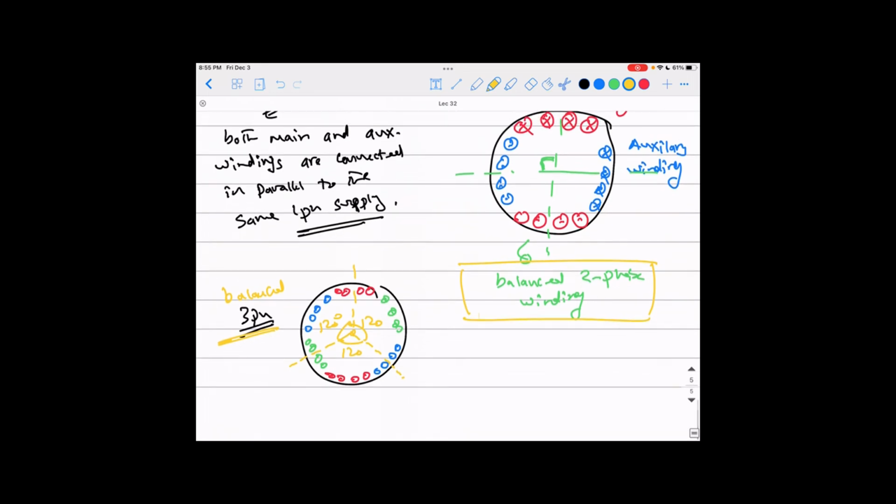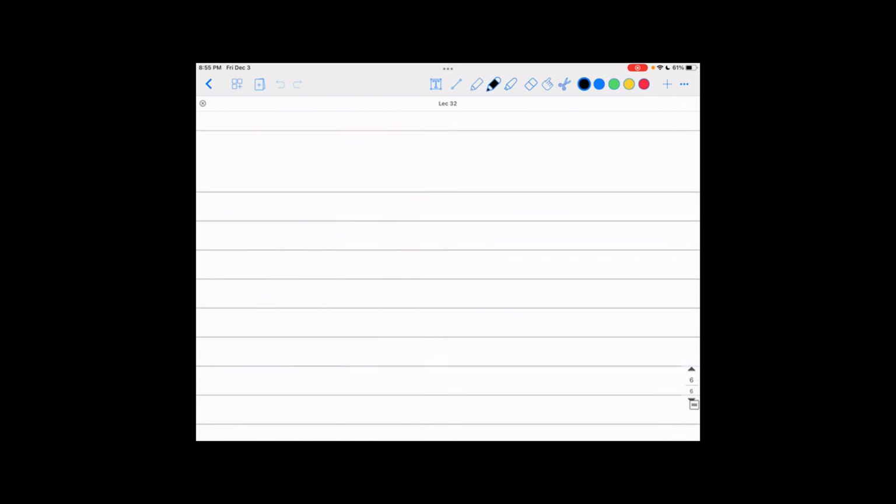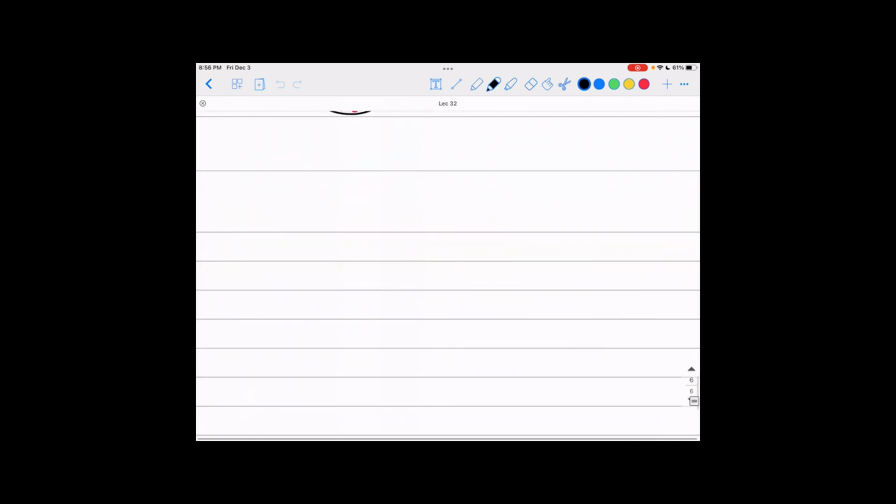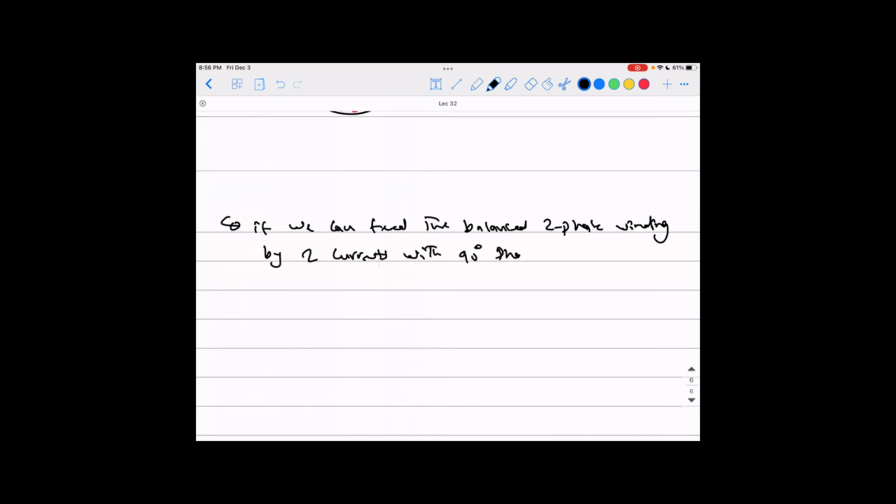If you can feed those from 2 currents, okay, so if we can feed the balanced two-phase winding by 2 currents with 90 degrees phase difference, that means they are balanced two-phase currents.